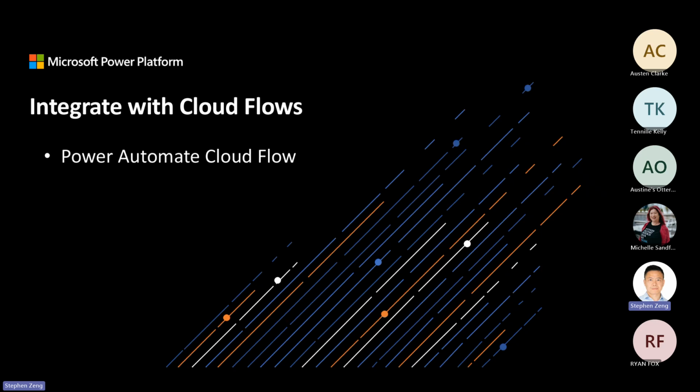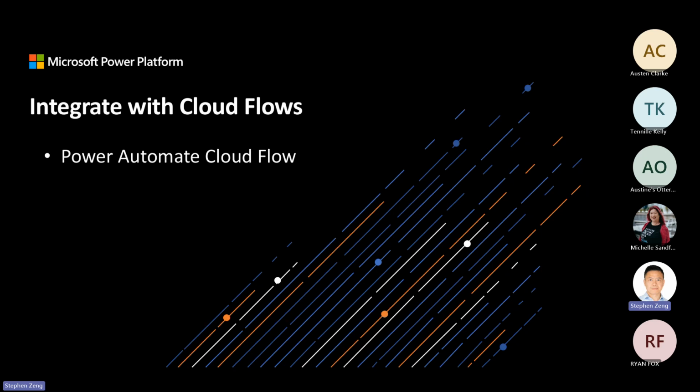For example, you can create a cloud flow that is automatically triggered when a new email arrives in a certain mailbox. And then in the flow, you can download any attachments in the email and save them to a place, for example, a SharePoint location or a OneDrive location, etc. Or you can send emails or send a Teams message, so it can do a lot of amazing things automatically.